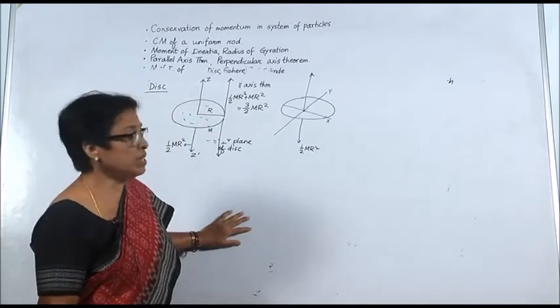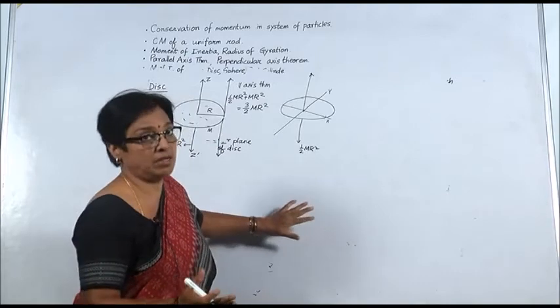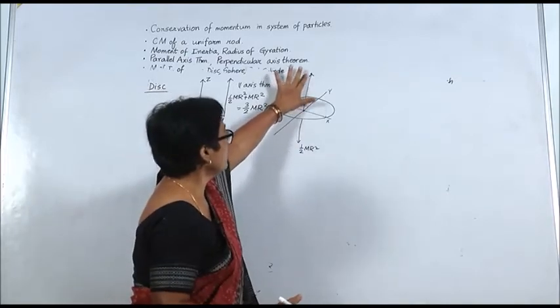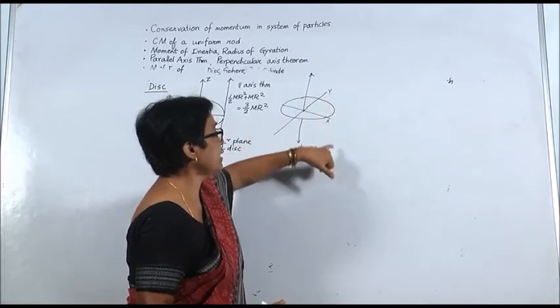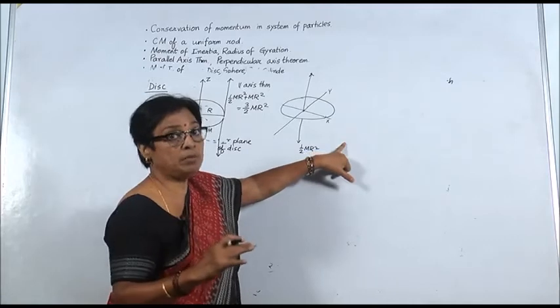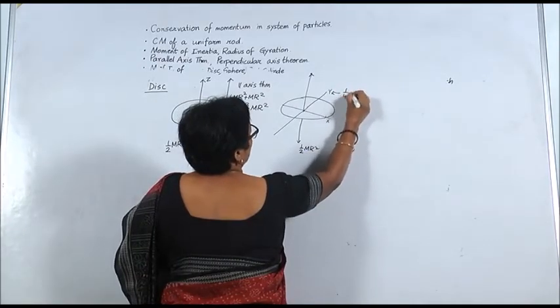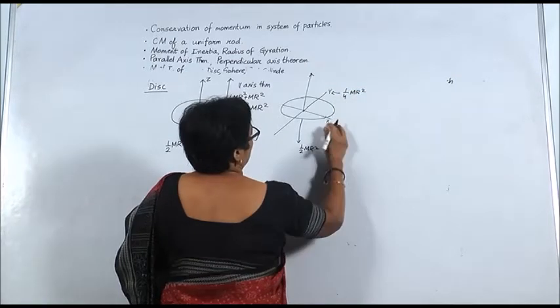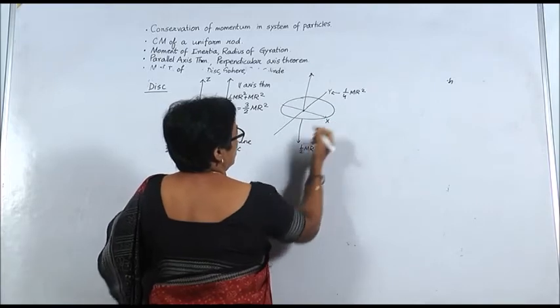If you apply the perpendicular axis theorem the way I applied for the ring, it will be half of that, because the moment of inertia about this axis, half mr square, is equal to Ix plus Iy. Both are equal, so 2Ix, so Ix will be half of that. So about this axis it will be 1 by 4 mr square, and the same for any diameter.